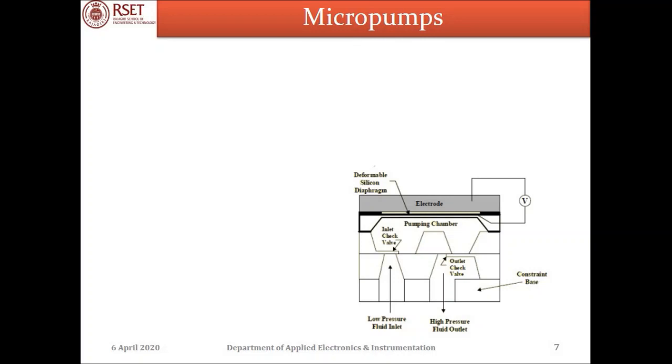The pressure makes it possible to open the cap of the inlet valve here and to allow fluids to enter into the pump chamber. So the fluid will enter into the pump chamber. During this half cycle, the cap of the outlet valve is closed, as the cap exists at the other end of the orifice.